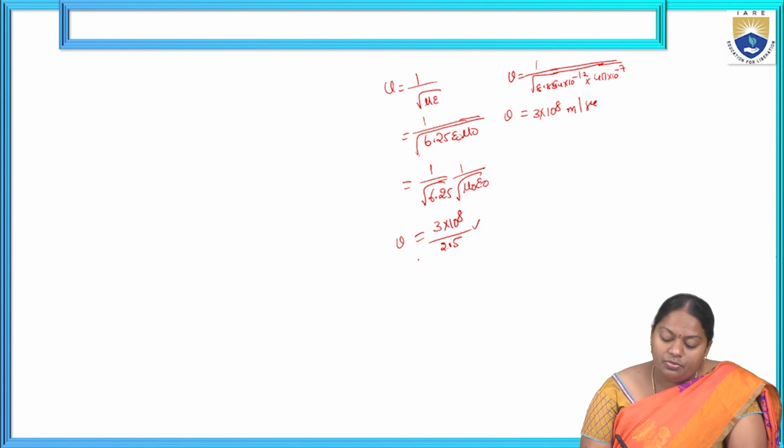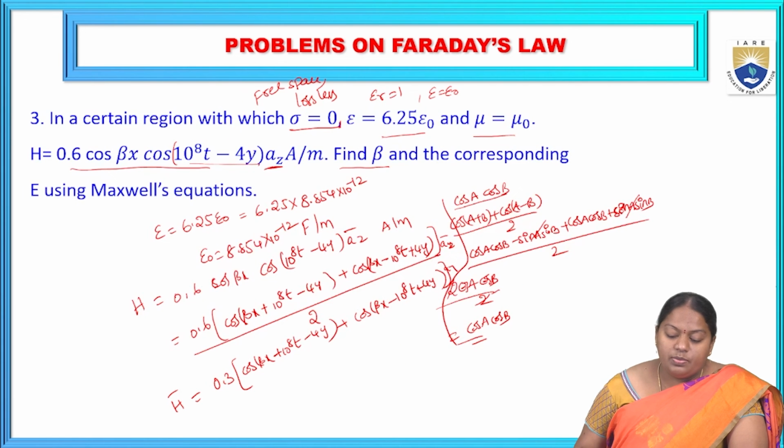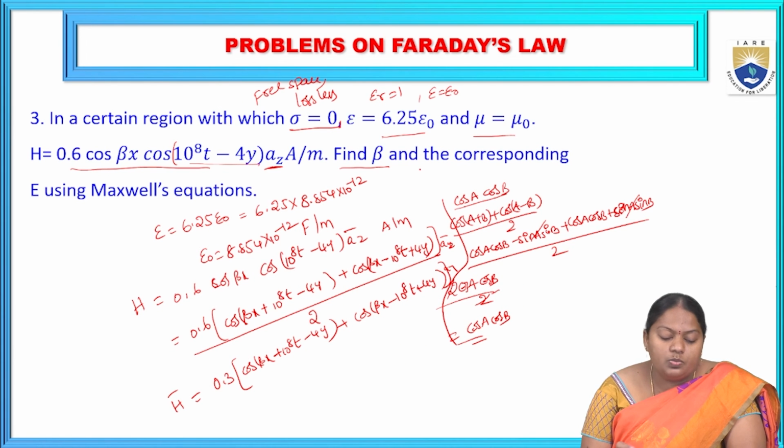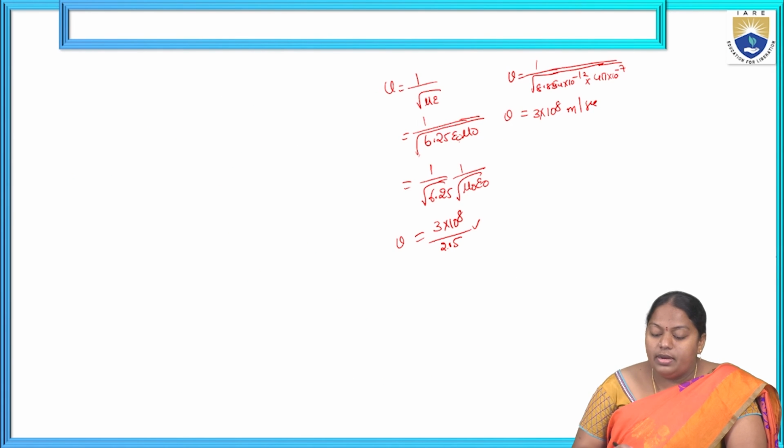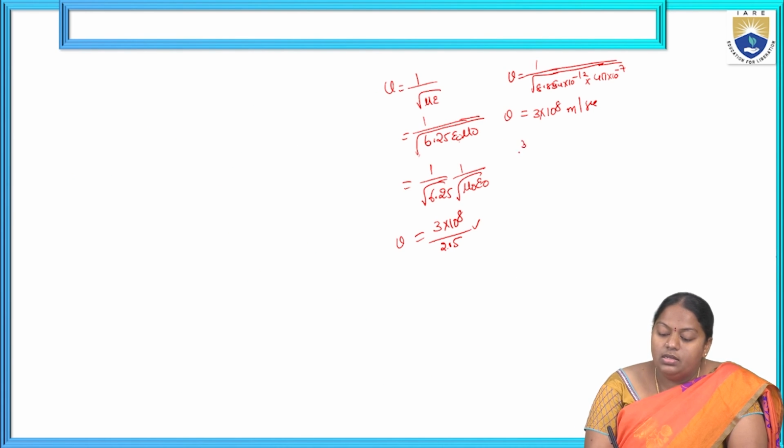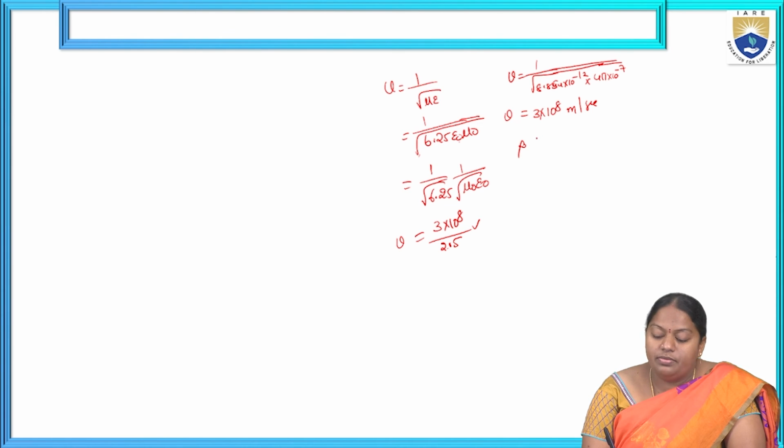Okay. Now from this we'll be finding, from the given, beta and the corresponding value using Maxwell's equation. With the help of Faraday's law, we have evaluated the equation for electric field intensity E. Now to find beta in terms of velocity and the wave angular frequency, that is velocity v equal to omega by beta, from this beta equal to omega by v.